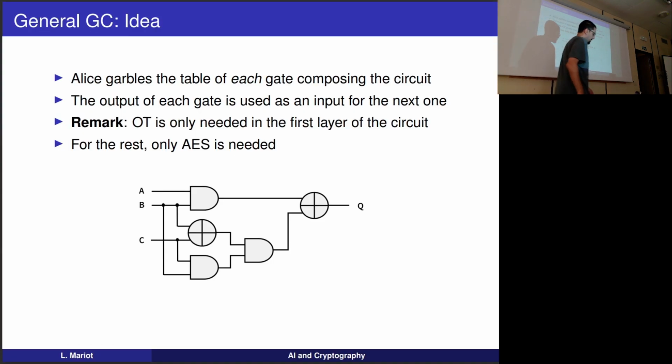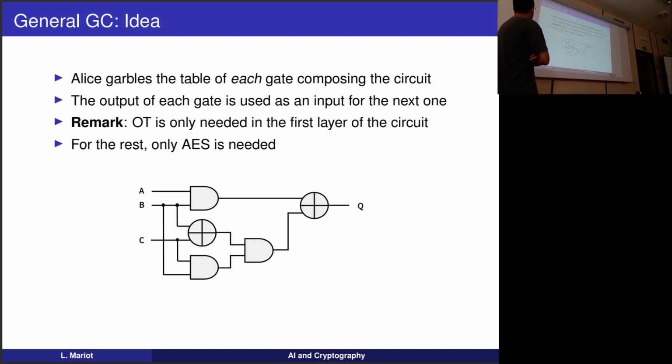So in general, we said, okay, now we know how to compute the AND of two secret bits using the secure garbled circuit construction that is relying upon the Oblivious Transfer protocol from Rabin. Well, not from Rabin exactly, but from Even and the others from 1985.